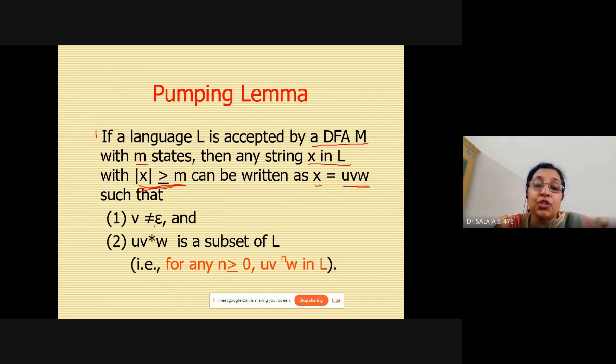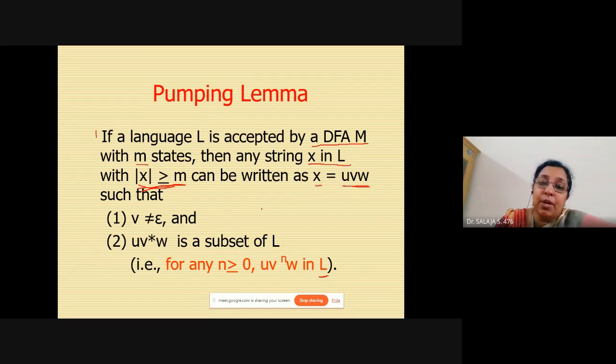V should not be equivalent to an empty string, which means we should have at least one character. And you take u v closure w, any string by repeating v n number of times, and it should be a part of the given language L, or it should satisfy the condition of L.